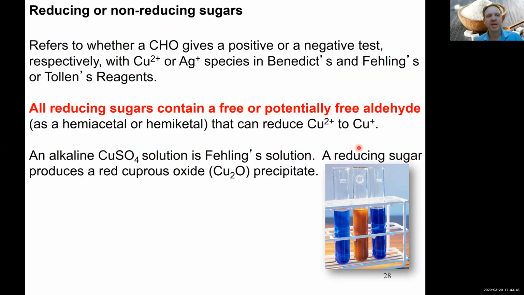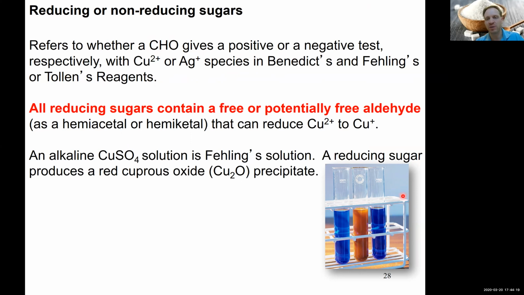Last concept for today, the reducing and non-reducing sugars. This actually is important for bioactivity, but it has been defined initially arbitrarily through experiments. The definition of whether a sugar is called a reducing or a non-reducing sugar is whether or not this sugar reacts positively or negatively in different kinds of tests where people use copper or silver, in what we call Benedict's, Fehling's, or Tollens reagents.